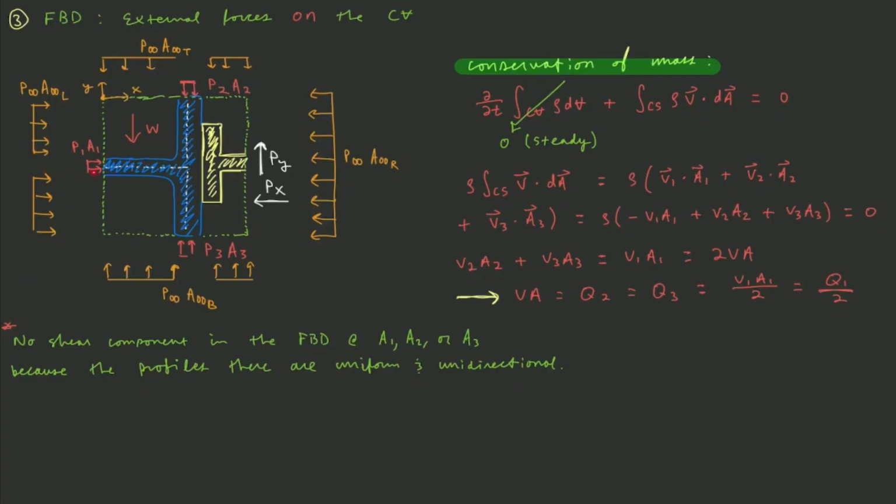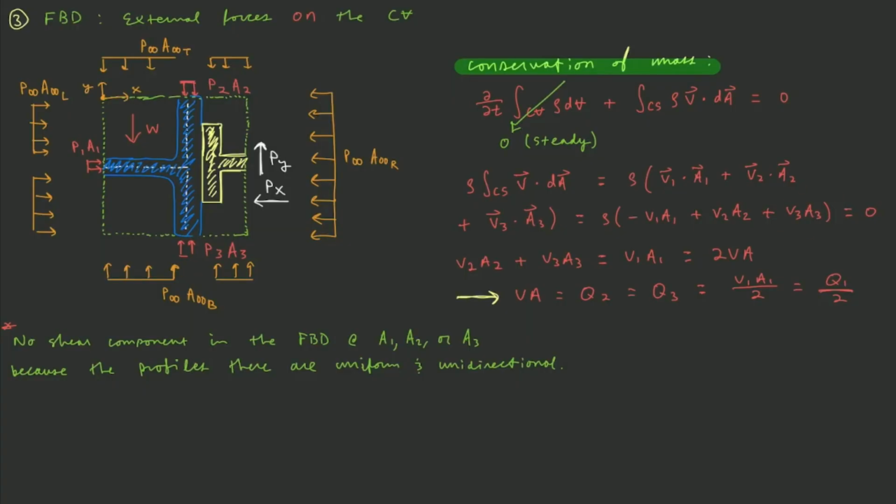At A1, our velocity vector is going in and our outward normal area is going out. So they have opposite directions, and the dot product is negative. Here at A2, we have a velocity vector that is outwards and an area vector that is outwards, same direction, so the dot product is positive. And at A3, we have a velocity vector that is outwards and an area vector that is outwards, same direction, so the dot product is positive.